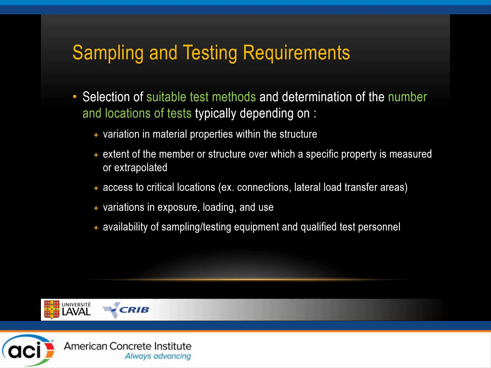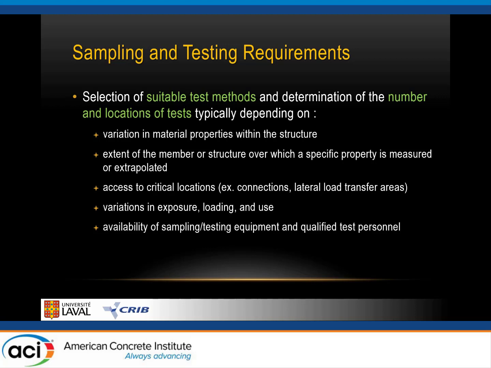So the selection of these methods, adapted to the actual condition and situation of the structure, will depend on a variety of things. It can depend, for instance, on the variation in material properties within the structure, and the extent over which we want to predict and evaluate the condition based on the results that we'll get.